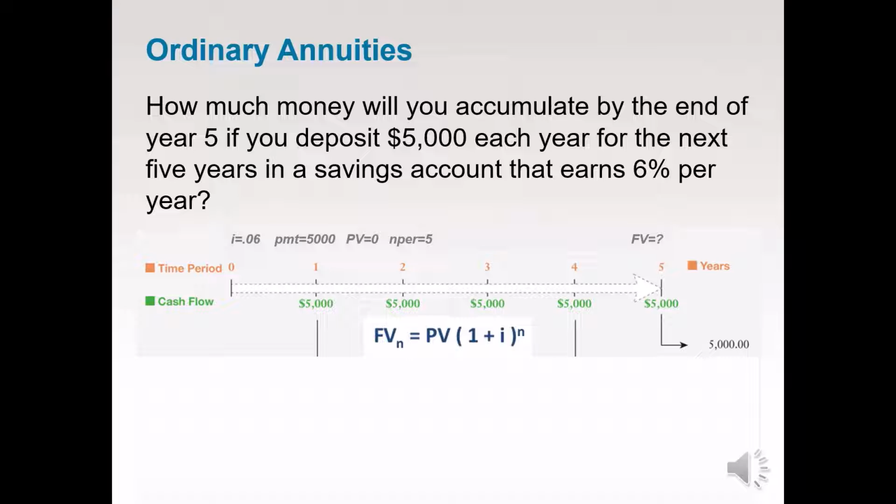We're going to work this problem from future value back to present value. So that means we're going to start with the $5,000 annuity that gets deposited in year 5. Think of it this way. If you were to deposit $5,000 on January 1, let's say, or December 31 for that matter, how much would you have on January 1?